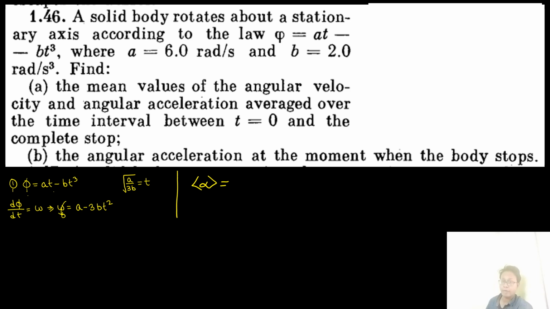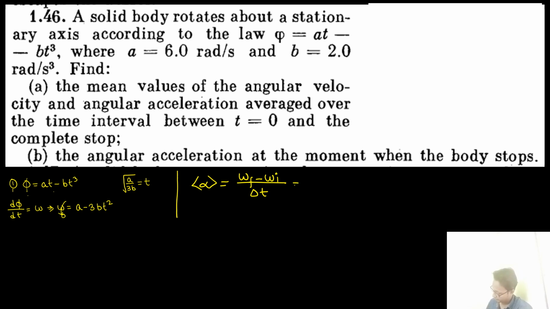So average angular acceleration would also be the same: final angular velocity minus initial angular velocity divided by total time. Average velocity is total displacement by total time, or final position minus initial position by total time.